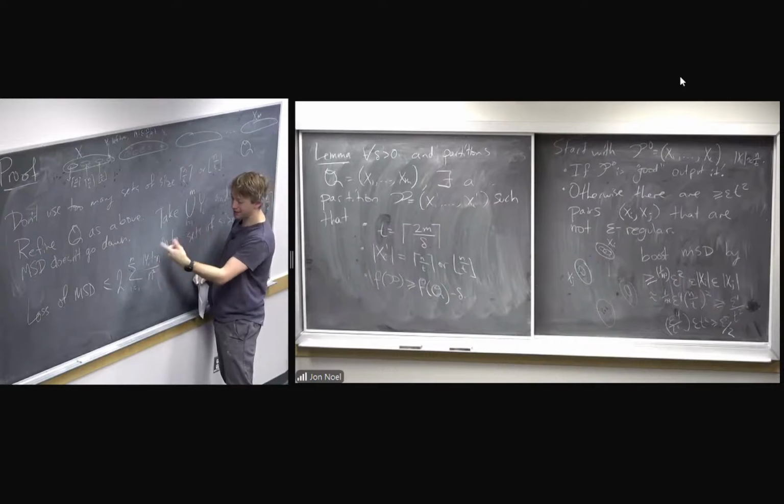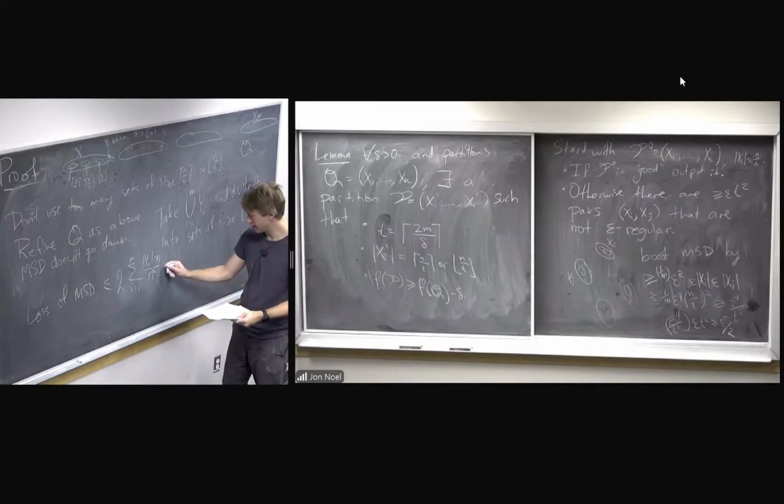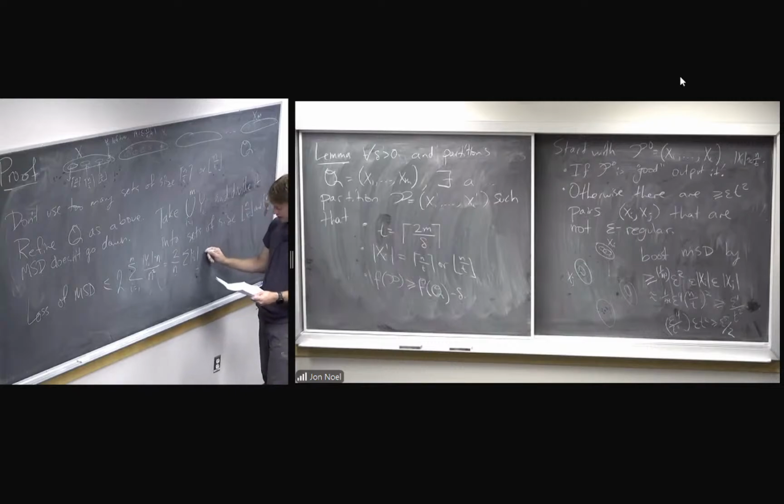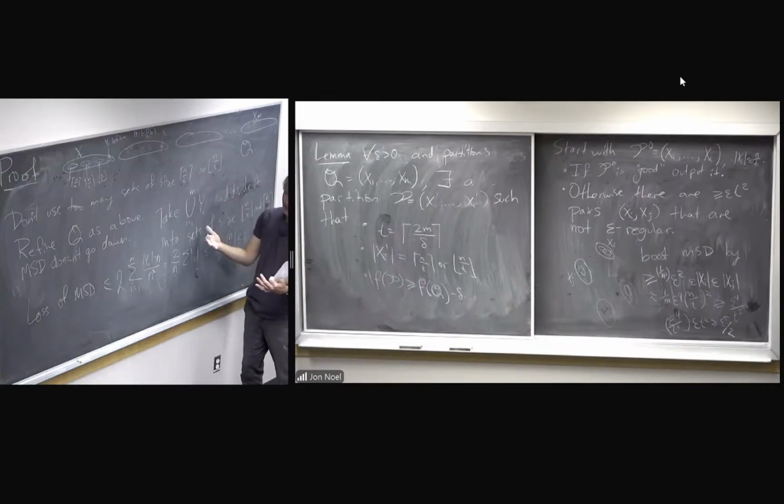So essentially this is computing 2 over n times the sum of the sizes of these yi's, which was 2m n over t basically, which is at most delta. Sorry, no, there should be another over n here. Anyway, let's not worry too much about this, but basically, when you refine, the mean square density doesn't go down.